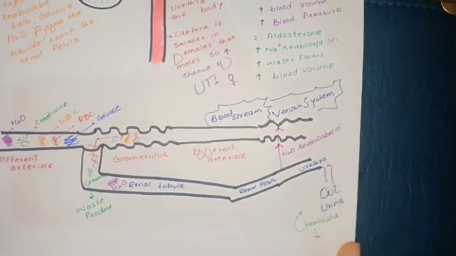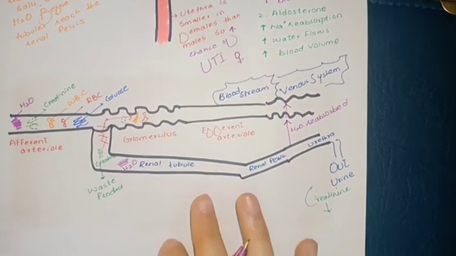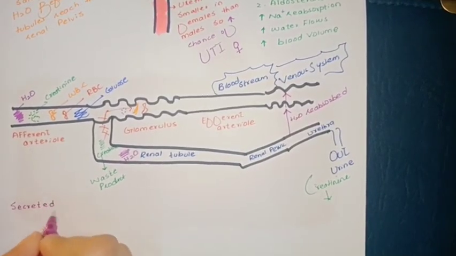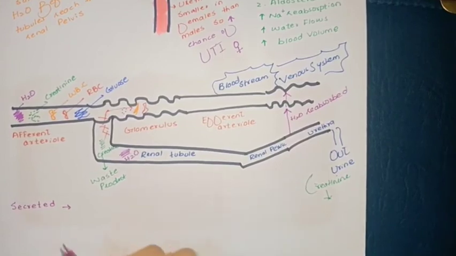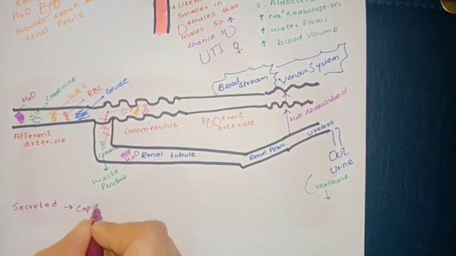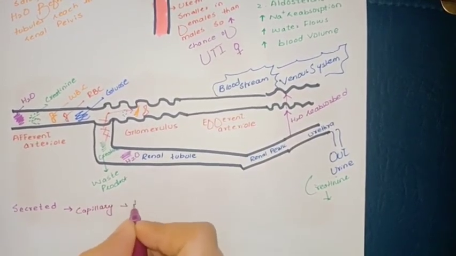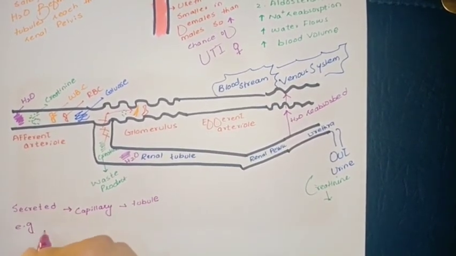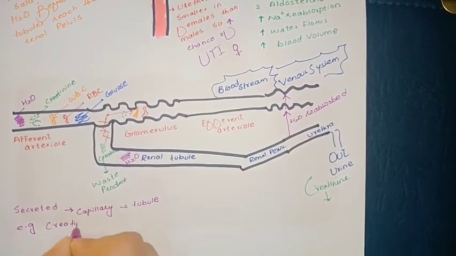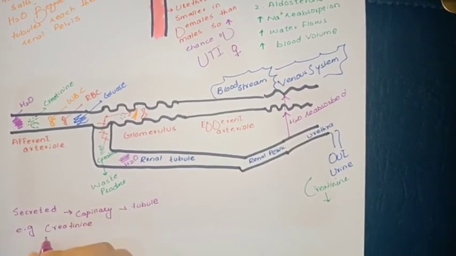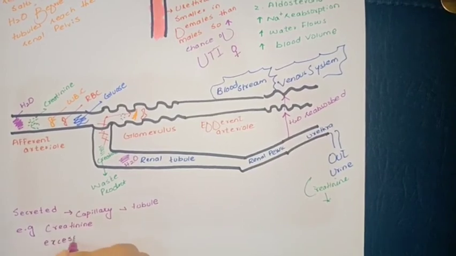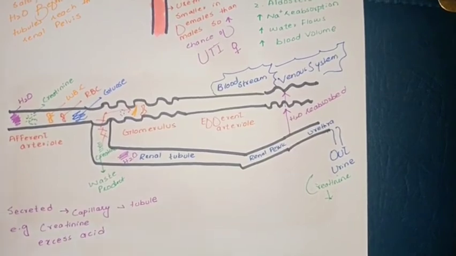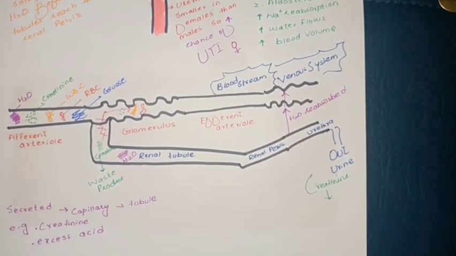So which structures are reabsorbed, secreted? You can see here, secreted structures from capillary to tubule are, for example, creatinine, excess acid, and the glucose does not come in the tubule.